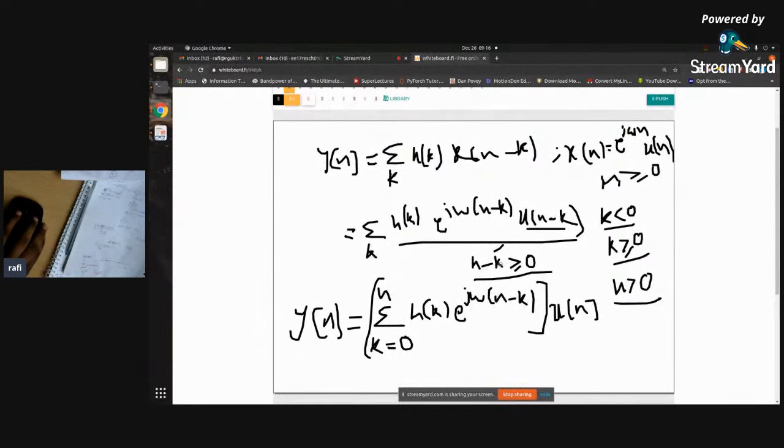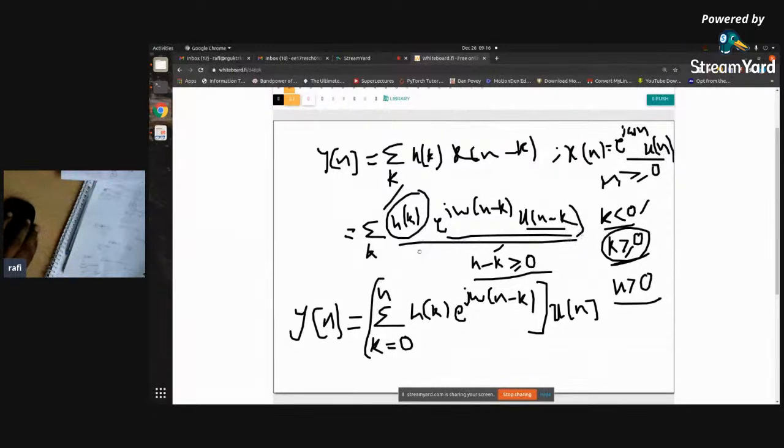If k is less than 0, that means your impulse response is taking negative indices, so it is not a causal LTI system. It is a non-causal LTI system, which is practically not possible. That's why we have considered k greater than or equal to 0 for causal systems. The system is causal as well as the input, because u of n is there.